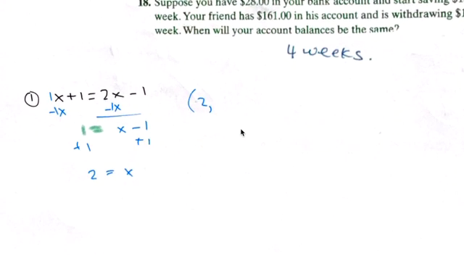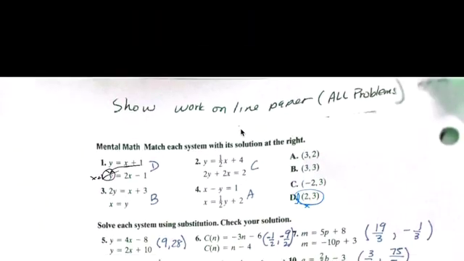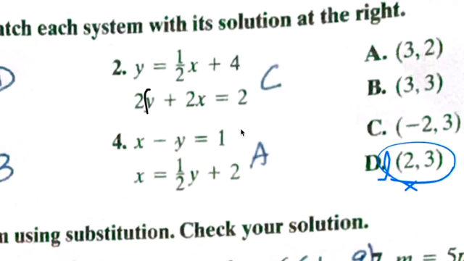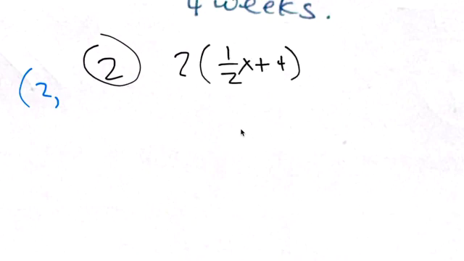So number 2. You would substitute right in here, this whole thing into there, because it says y equals that. Okay, so you get 2 parentheses 1/2 x plus 4 plus that 2x equals 2, right?